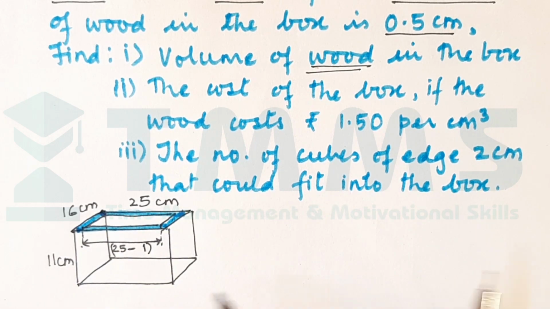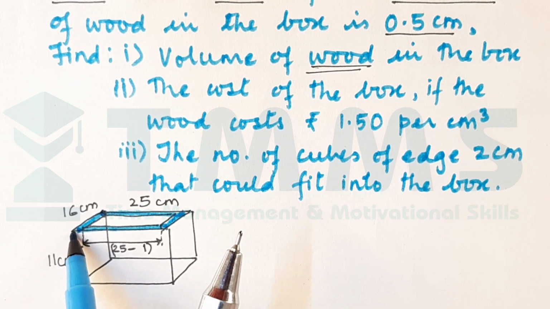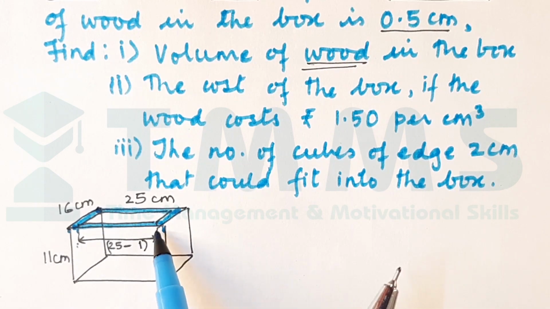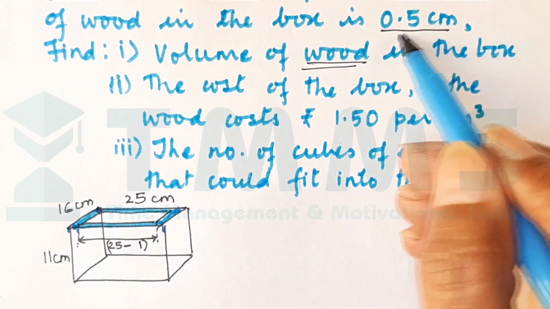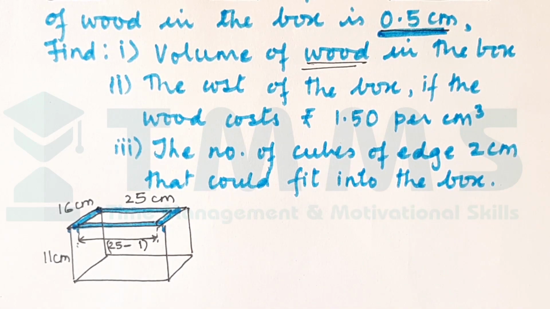This is the thickness. So if the external length from here to here is the same as from this point to this point, then the internal length will be 0.5 centimeter less from here and 0.5 centimeter less from here. Why? Because the thickness of the wood is 0.5 centimeters.